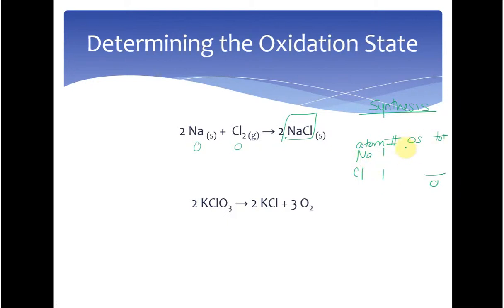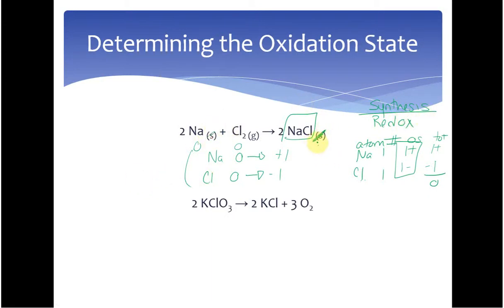Sodium is a group 1 metal, so it's going to be +1. So overall, 1 times 1 is a total positive of +1. To make it neutral, our total negative has to be -1. So the oxidation state on this single chlorine is 1-. So Na goes from 0 to +1, and Cl goes from 0 to -1. So this is indeed a redox reaction.